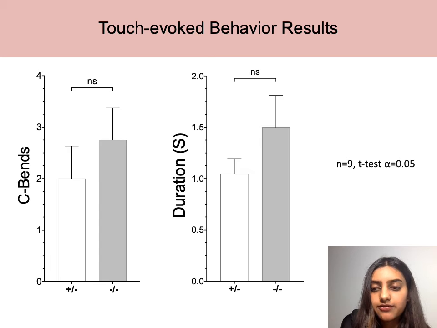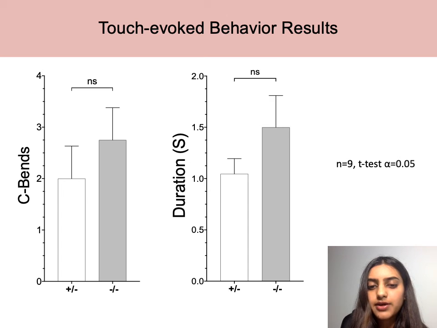And I looked at fish that had one normal copy of the alpha-4 protein, as well as fish that had alpha-4 completely knocked down. And this is essentially the null line that we're looking at. And we don't see any statistical differences between the two, and I used a t-test to do this.